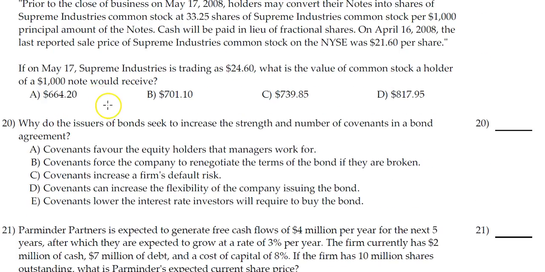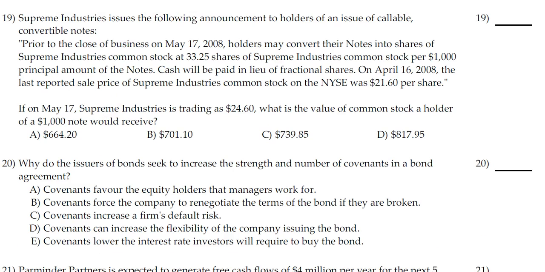Right, let's look at question 19. Supreme Industries issues the following announcement to holders of an issue of callable convertible notes. Prior to the close of business on May 17, 2008, holders may convert their notes into shares of Supreme Industries common stock at 33.25 shares of Supreme Industries common stock per $1,000 principal amount of the notes.